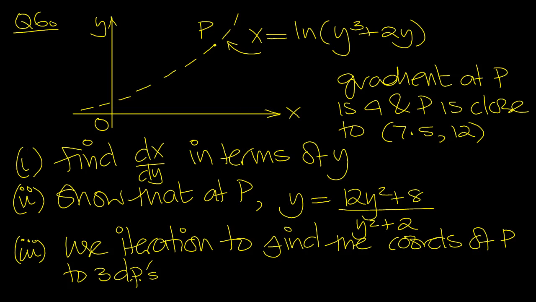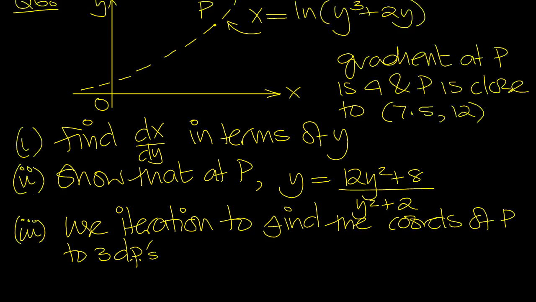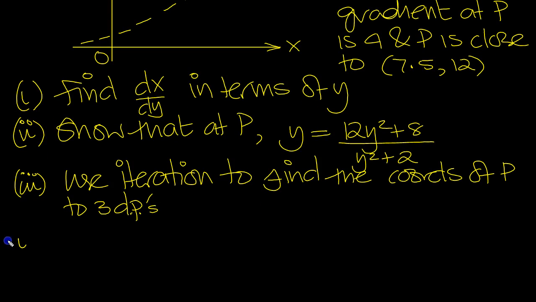Okay, let's have a look at this then. So part 1, find dx/dy, and we're told that x is equal to this. So x is equal to ln of y cubed plus 2y.